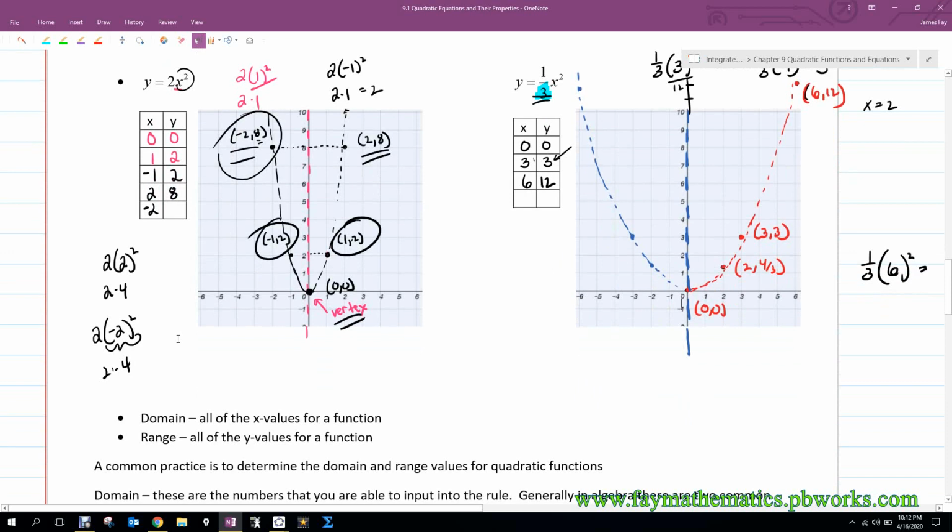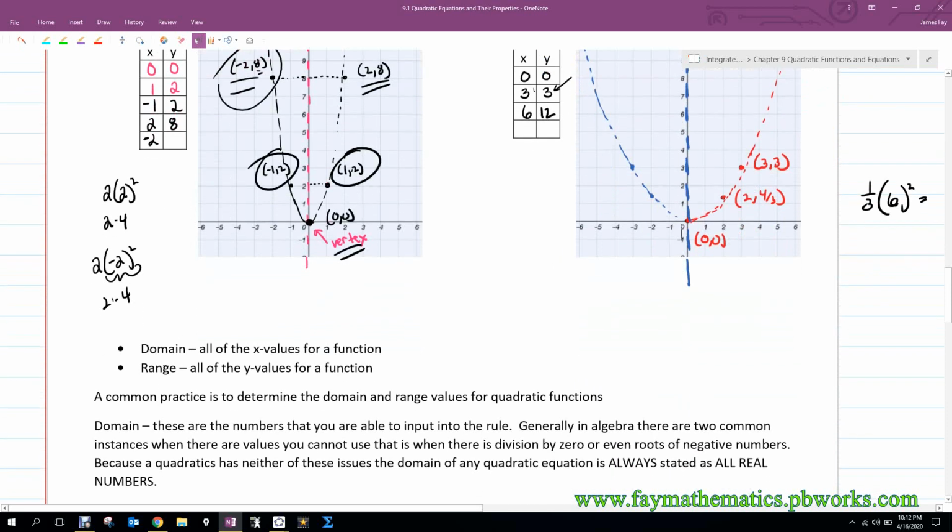All right. Questions that they often ask is, can you list the domain for all the functions that we deal with? Remember, the domain is the x values, all the x values that we can have.